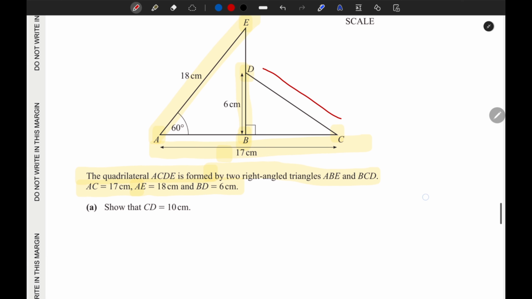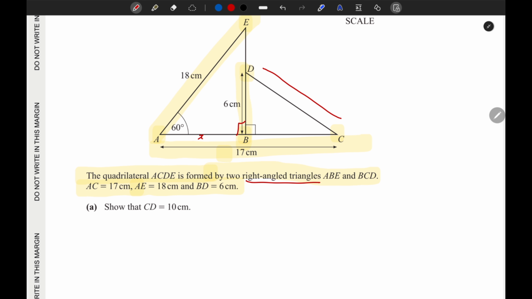So that's not a very difficult problem. We know that ABE is a right angle triangle, they have already given. So this is 90. For AB we can use the sine, cos and tan ratio. So let AB be x.